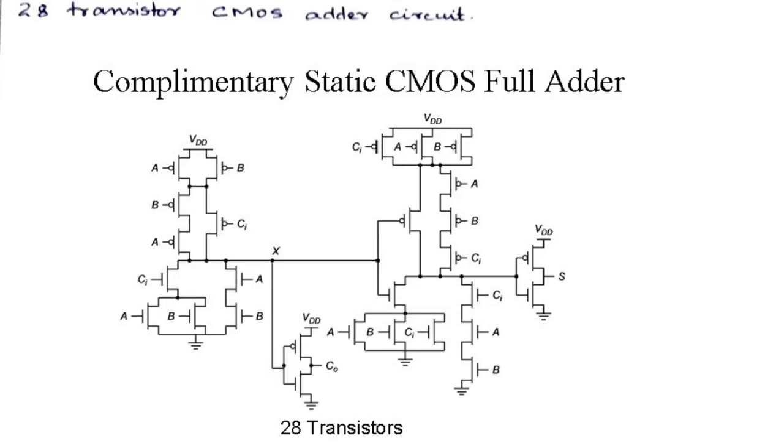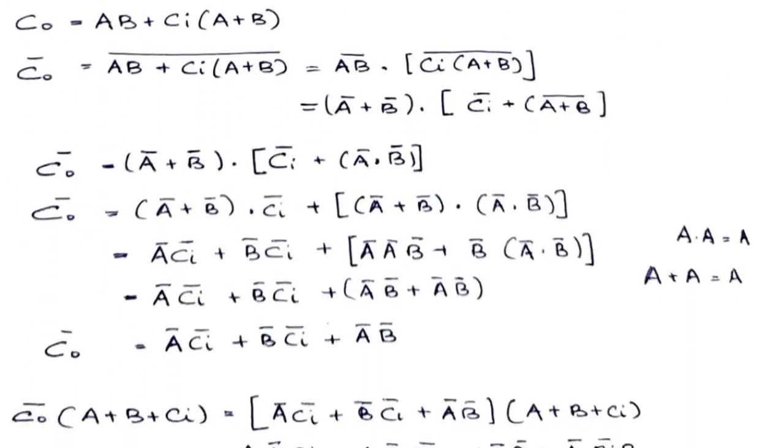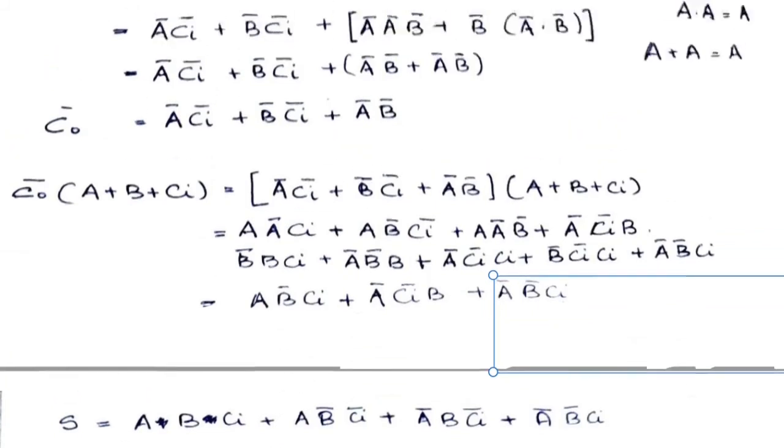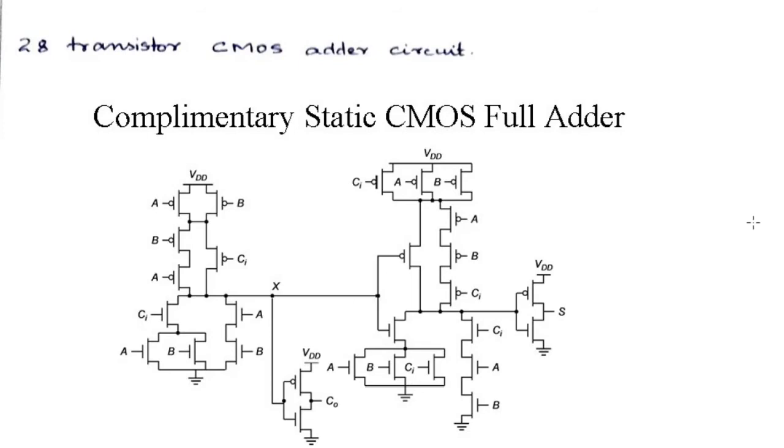As we all know, the expression for C0 bar is A bar Ci bar plus B bar Ci bar plus A bar B bar, and the expression for sum using C0 bar is ABCI plus C0 bar into A plus B plus CI. I call C0 the same as C out or the carry out. I'll be explaining how this diagram is drawn. As we all know, it is a CMOS structure.